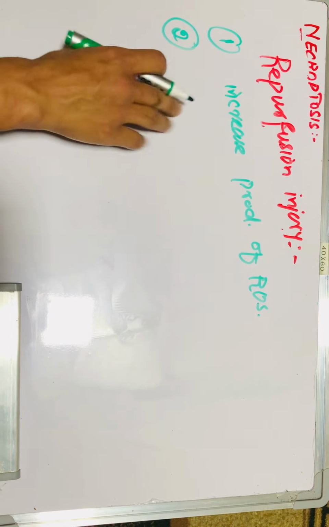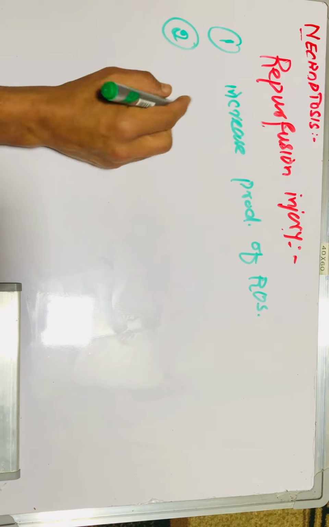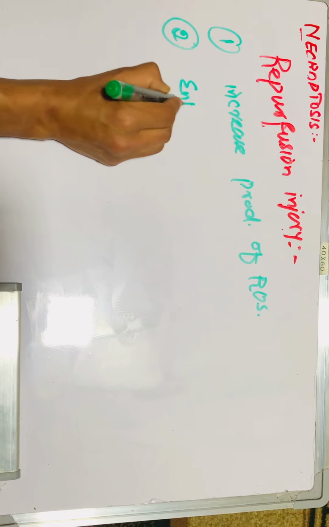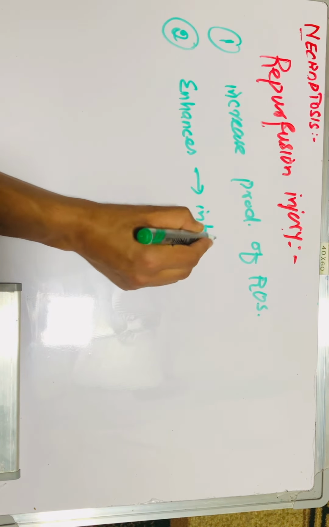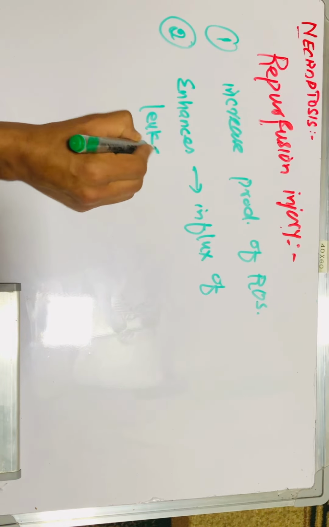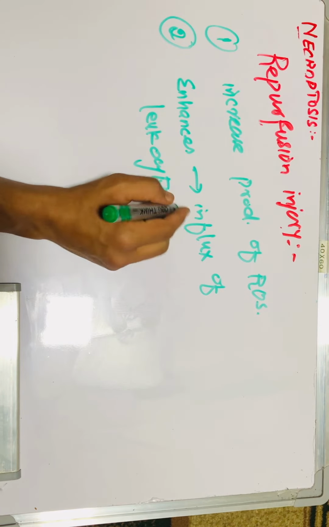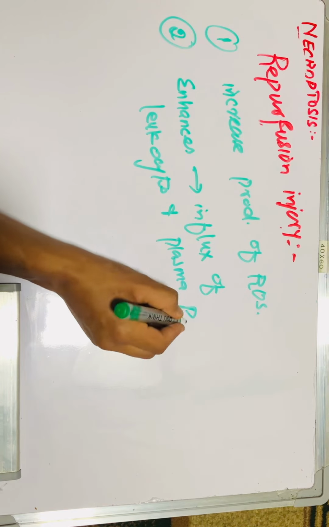That inflammation, which was previously induced by the ischemic injury, may increase the reperfusion injury because it enhances the influx of leukocytes and plasma protein.